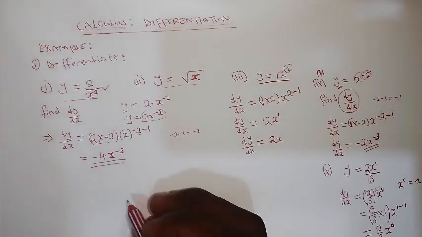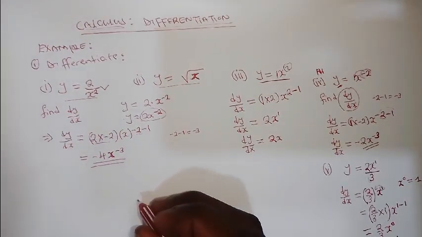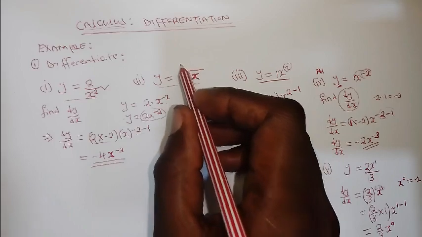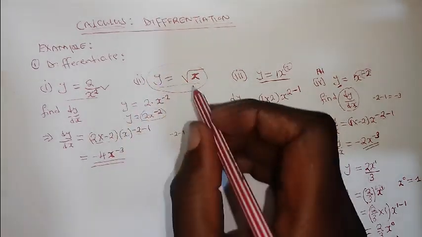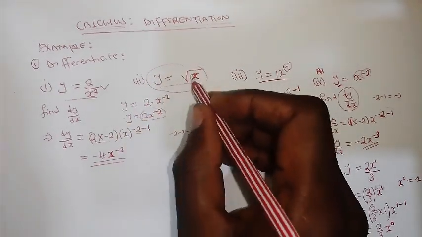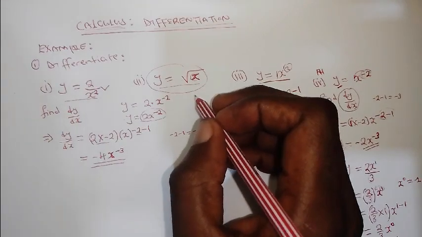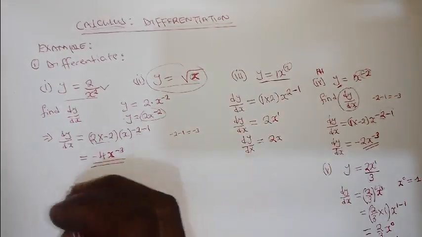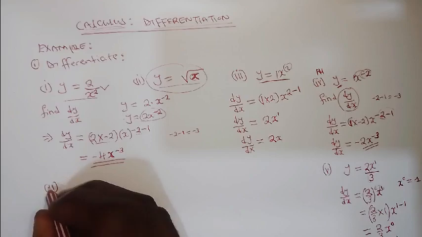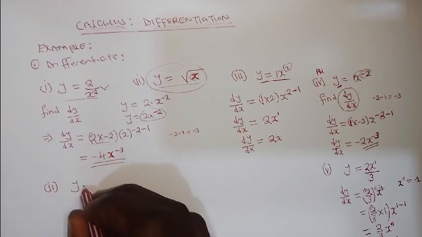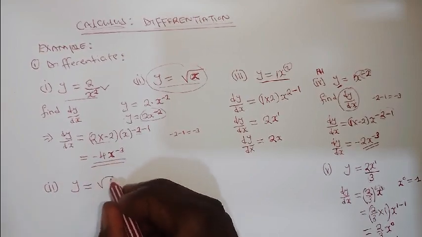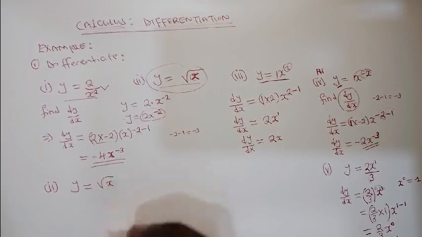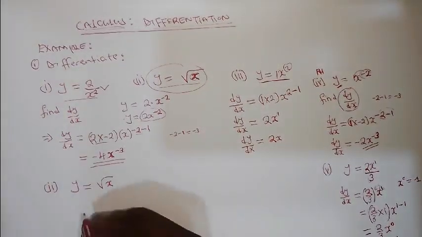Now what about this one? So you have this, the square root of x. So y equals the square root of x.